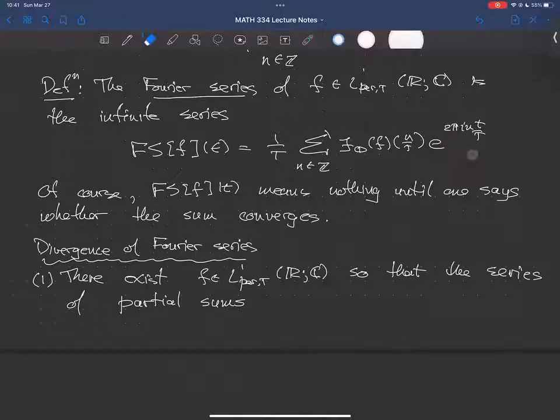Here, the sum goes from minus infinity to infinity. So what does a partial sum mean?